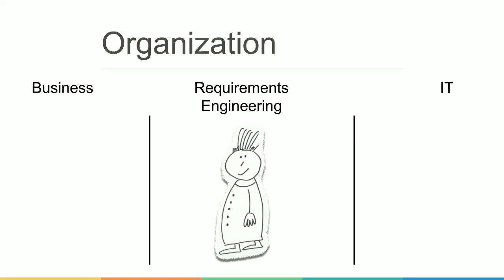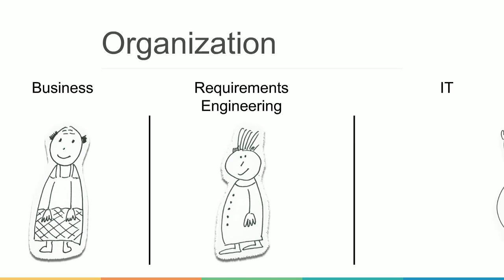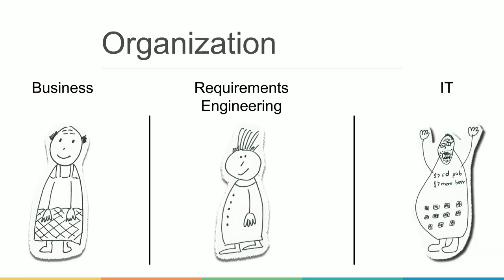In many projects, especially in big organizations, we have a requirements engineering team. Now, the problem is there is a boundary, or there are a couple of boundaries, between the business and the IT. One scenario can be that the business is only talking to the requirement engineers.